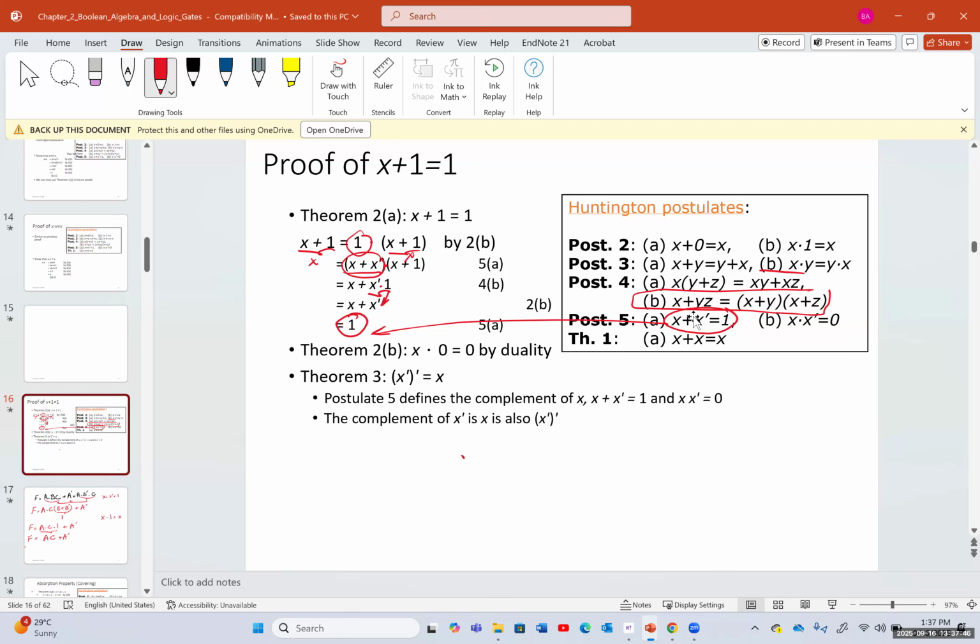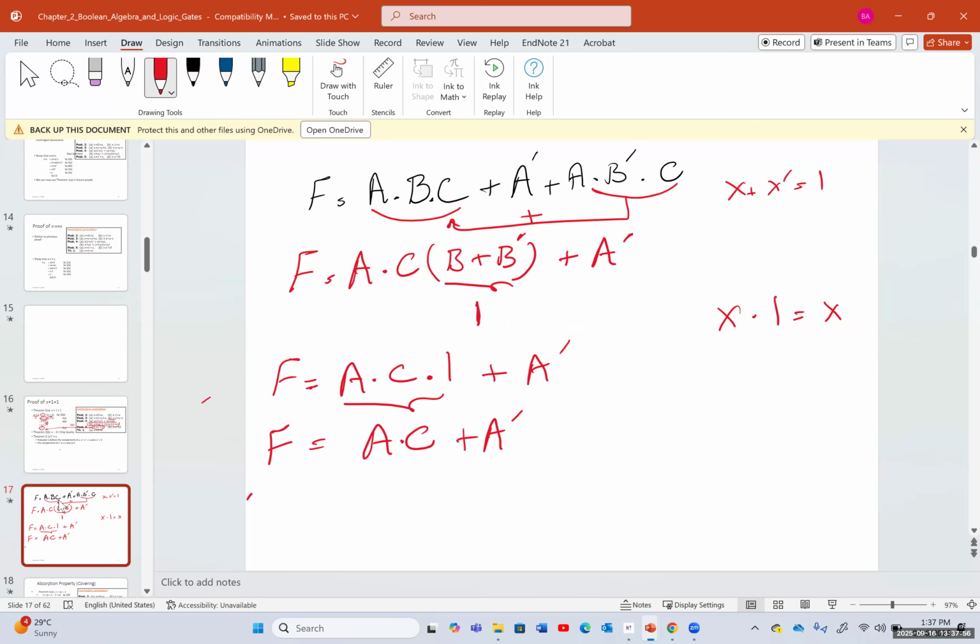Can I use X plus YZ? It's X plus Y and X plus Z. Yes. So X plus YZ is equal to X plus Y and with X plus Z. Am I correct? Yes.